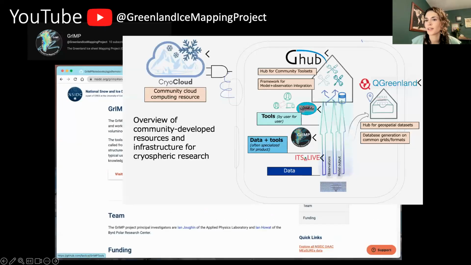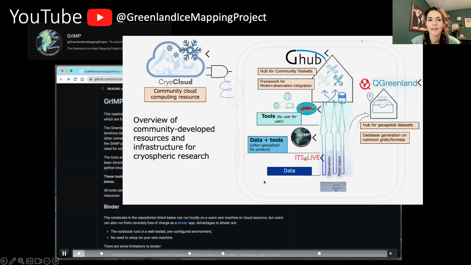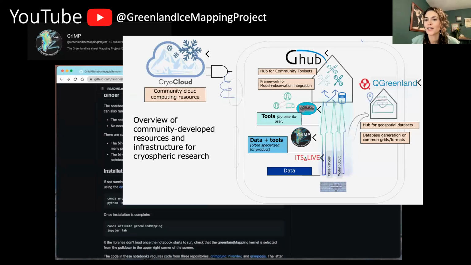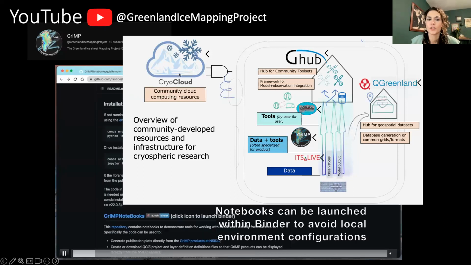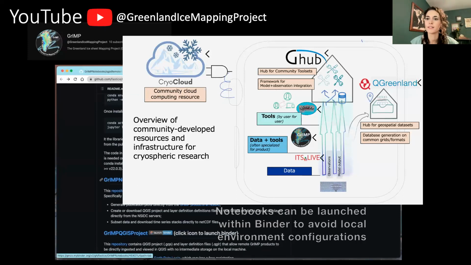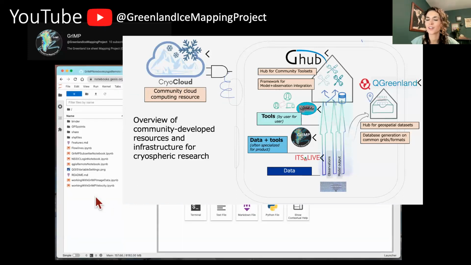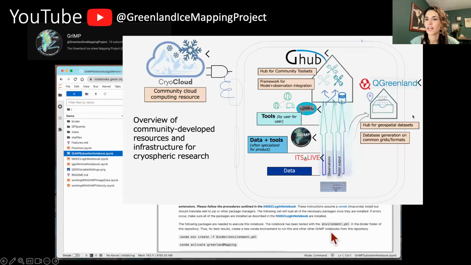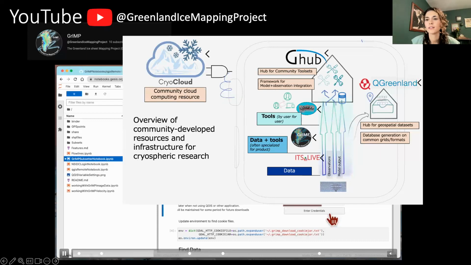And I just want to mention that this is only one of several ongoing initiatives. CryoCloud is led by Tasha Snow at Mines. This is a big cloud effort so that collaborators, glaciologists, and polar scientists can all work together in the cloud. There's GHub, there's Greenland, which is a QGIS package that brings together a lot of Greenland data sets. GRIMP is one example of a Greenland ice sheet data product.